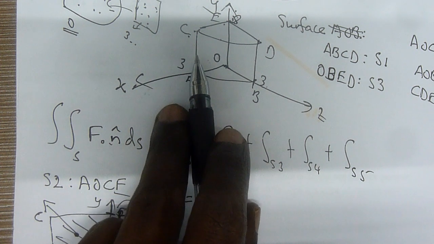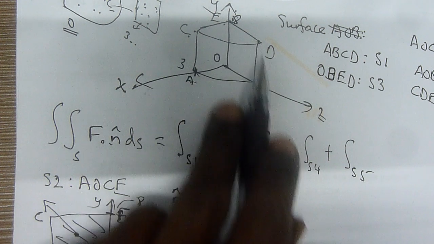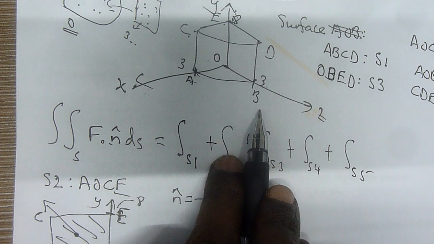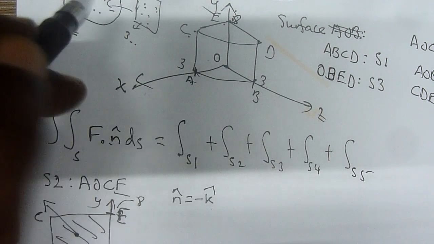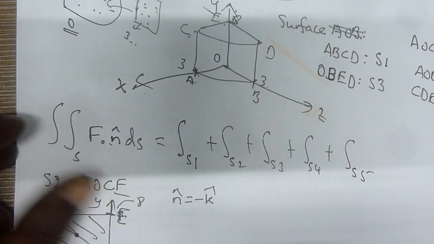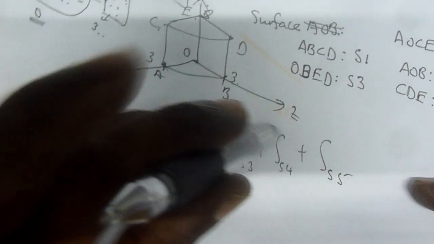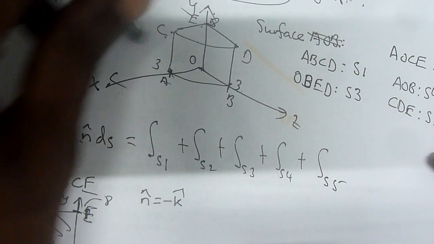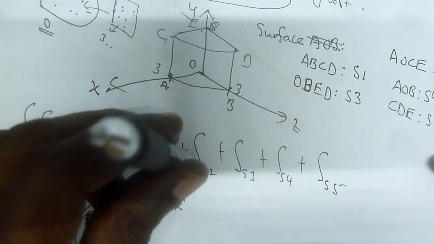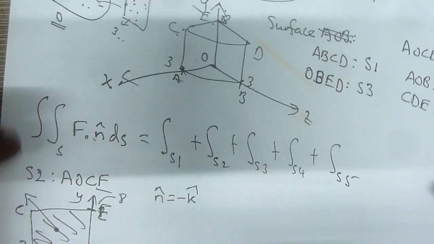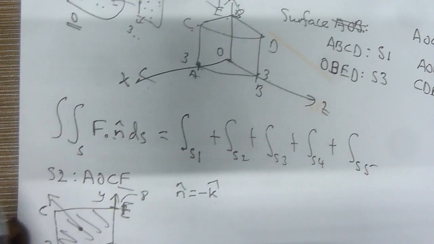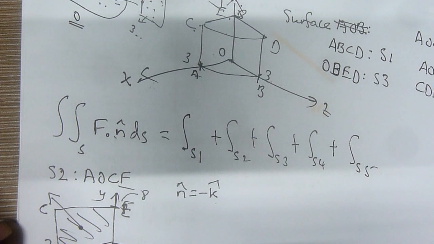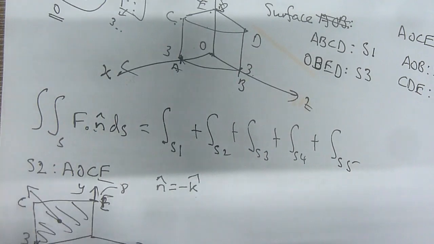But is A, C, D, B a smooth surface? No. Later I'll show you why. It's very obvious. You touch anywhere, it's like this paper. If it is a smooth surface, wherever I touch, it's a very straight line. That's what I wanted you all to understand, the logic of this.